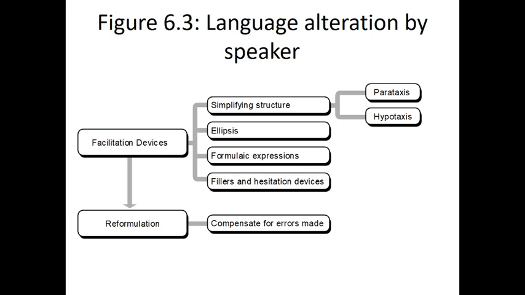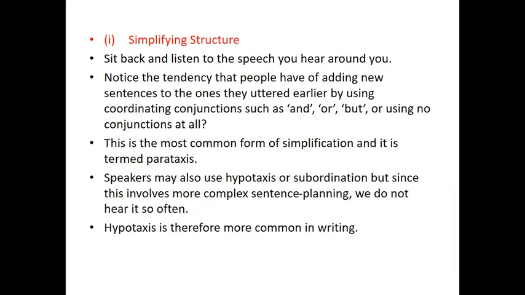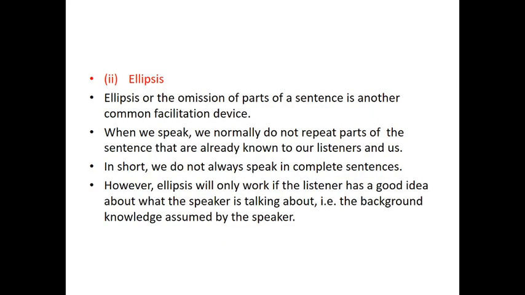These are explained later on, but I request you to read the textbook for these facilitation devices for the easy production of language. There are four basic types that we discussed: simplifying the structure, and ellipsis, which means the omission of parts of a sentence, another common facilitation device.